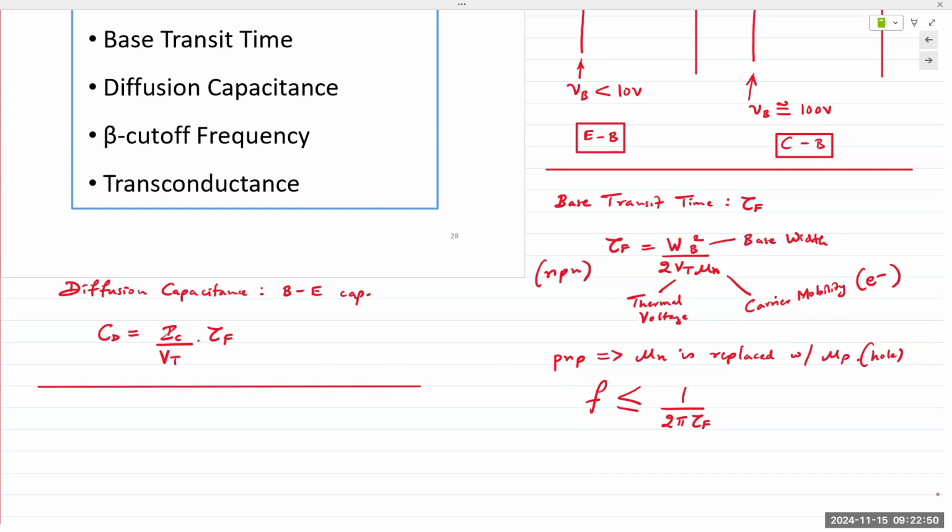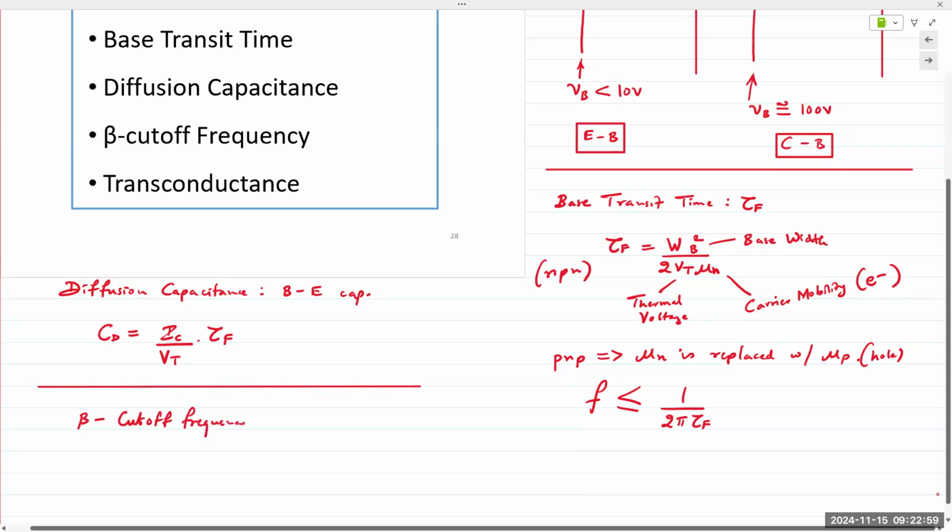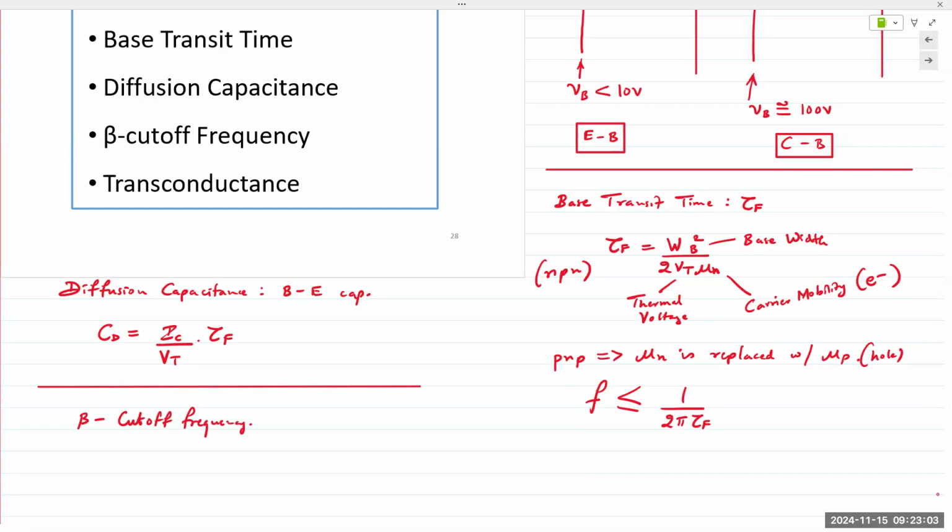And then let's talk about beta cutoff frequency. So far we have always referred to beta as a constant, right? It's a parameter of the BJT due to the physical construction of the BJT, but that is only valid at regular lower frequencies.